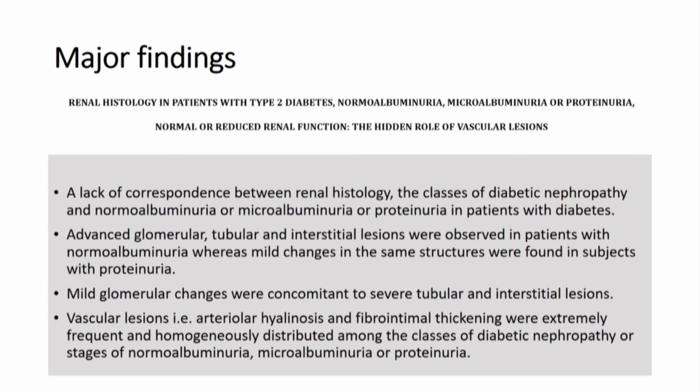On the other hand, mild changes of the same structures were found in subjects with high proteinuria. Mild glomerular changes were concomitant with severe tubular and interstitial lesions also. But most important, vascular lesions like arterial hyalinosis and fibrointimal thickening were extremely frequent and distributed among the classes of diabetic nephropathy and different stages of proteinuria.